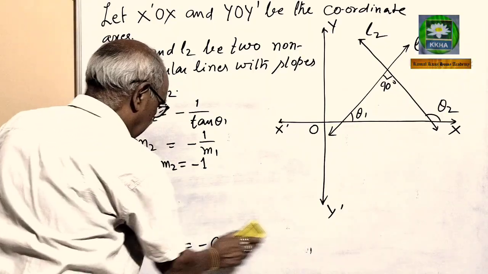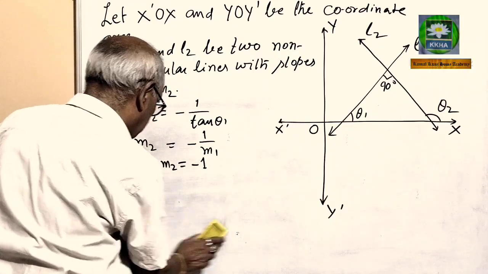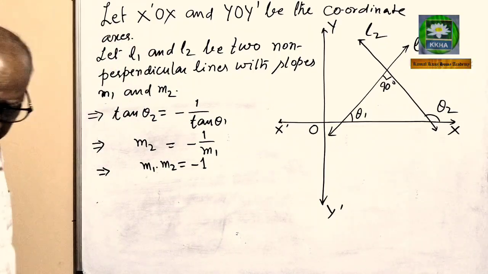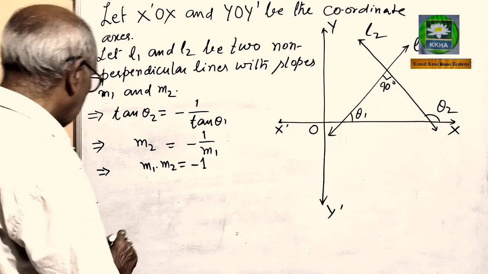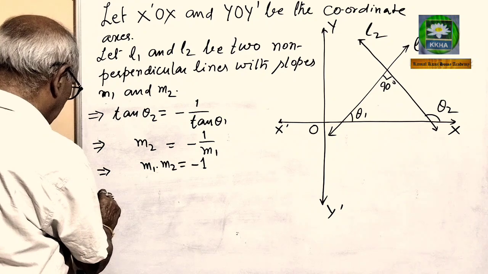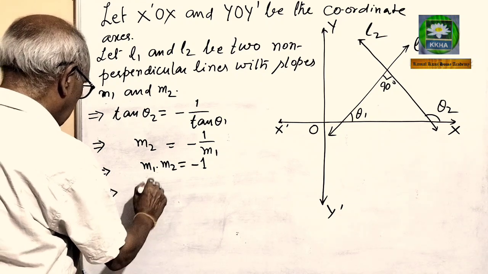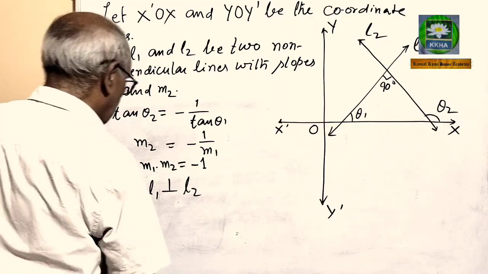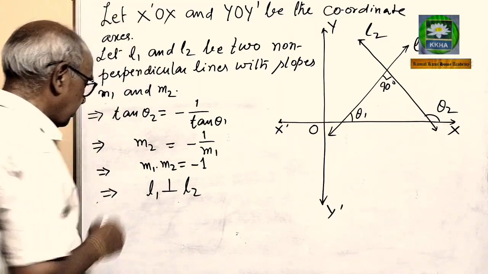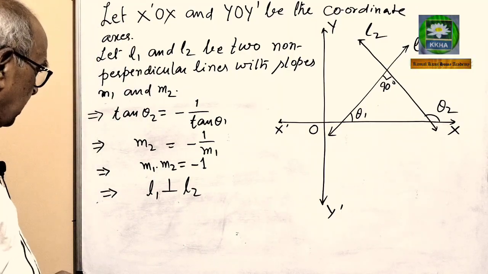So, when we assume that the lines are perpendicular, we get m1 into m2 is equal to minus 1. So, this is the condition for lines to be perpendicular.